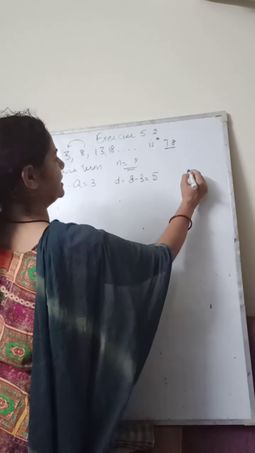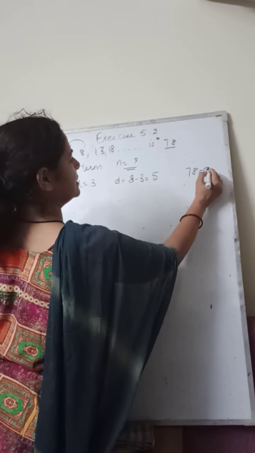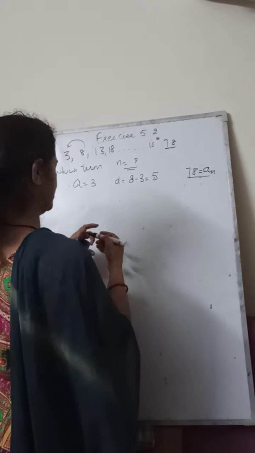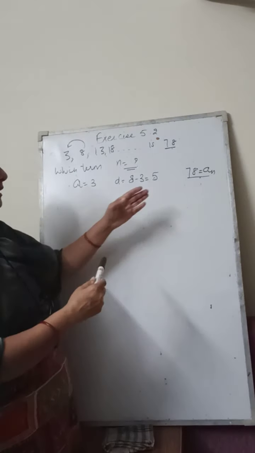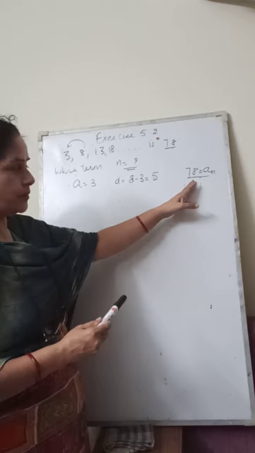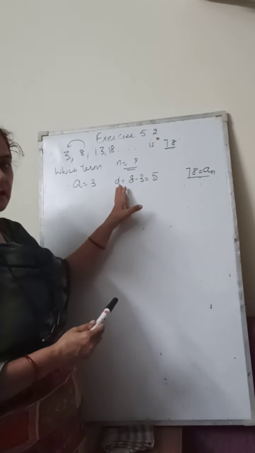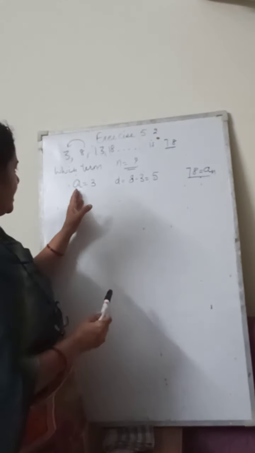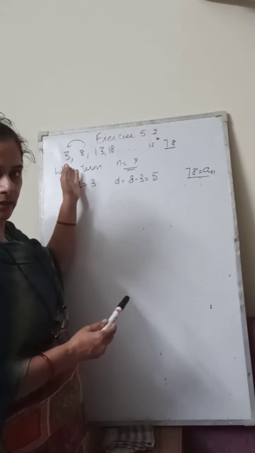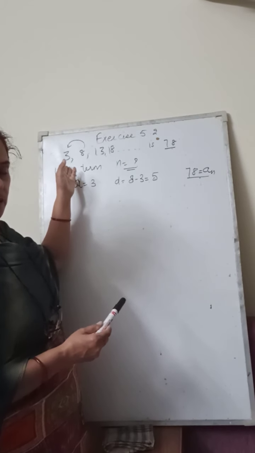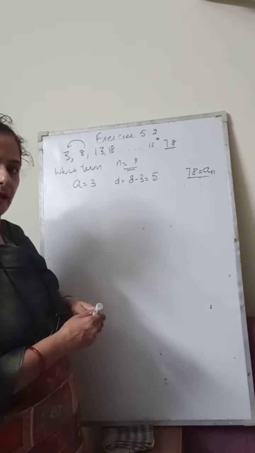So 78 is AN. So I think it's very clear now. AN is given to you, D is known to you, and A you can take out from this sequence. You have to find n.